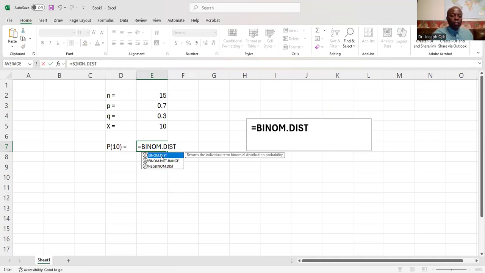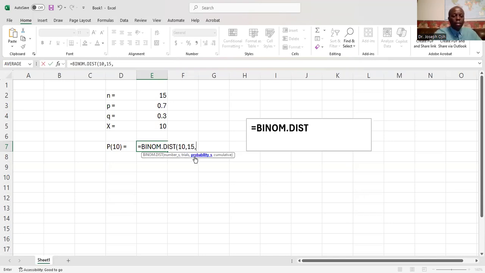It will pop out here. Double click. Number s, x is just 10. That's the probability you're looking for. 10, comma. How many trials? See the trials right here, which is 15.